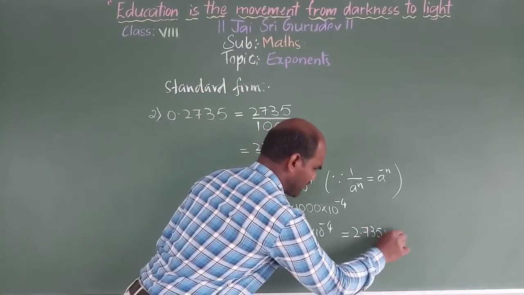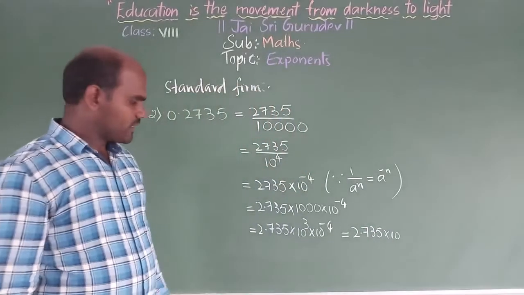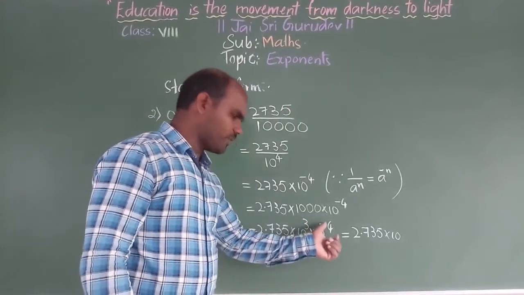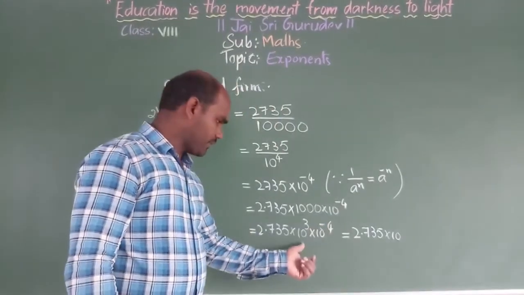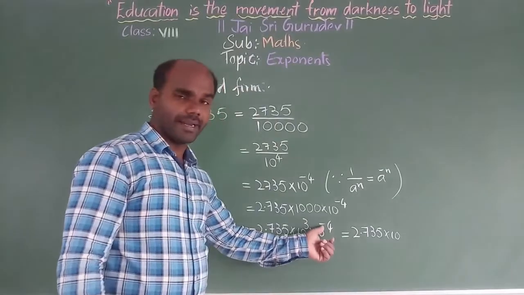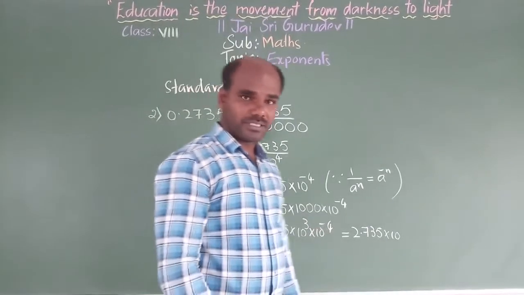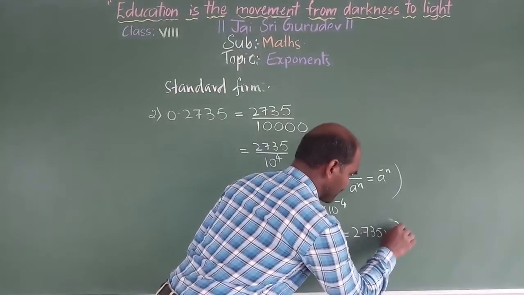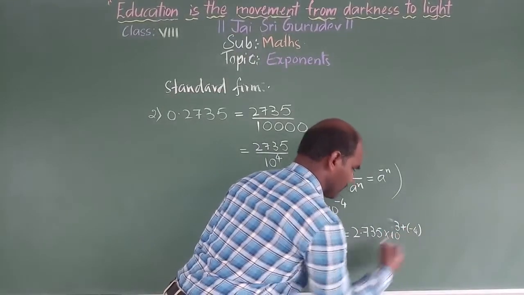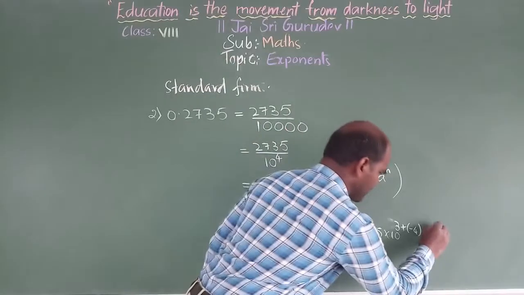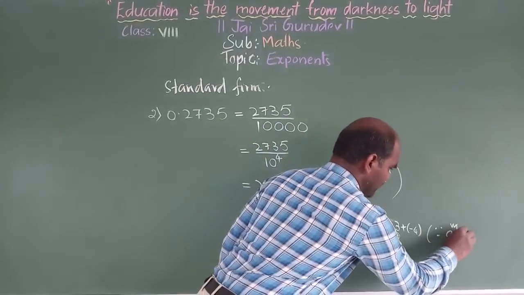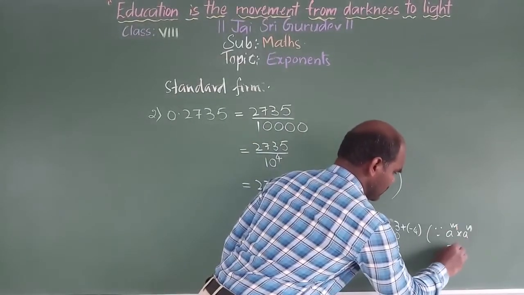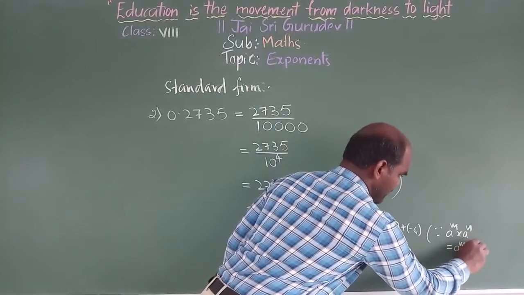So that is 2.735 into 10 power, a power m into a power n is equal to a power m plus n. So according to which formula, dear children? a power m into a power n is equal to a power m plus n.